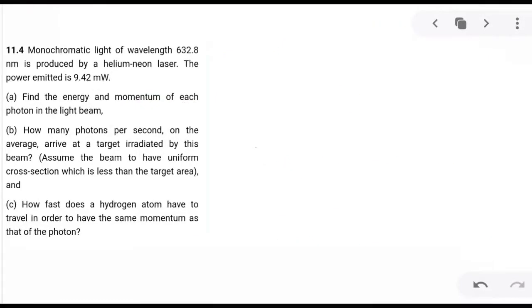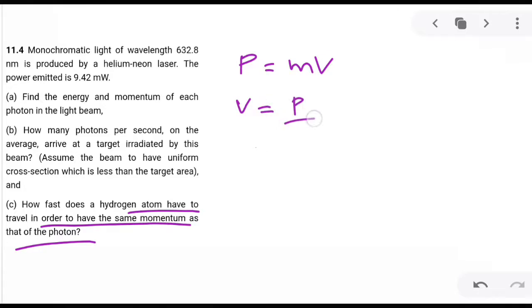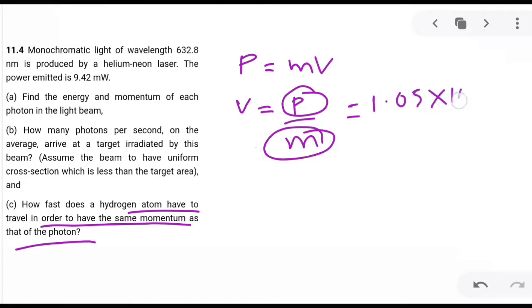Now for part C, it is asked how fast does the hydrogen atom have to travel in order to have the same momentum as the photon. Momentum is mass into velocity, so velocity is equal to momentum divided by mass. This momentum is the momentum of the photon and mass will be the mass of the hydrogen. Momentum we have already calculated, 1.05 into 10 power minus 27.